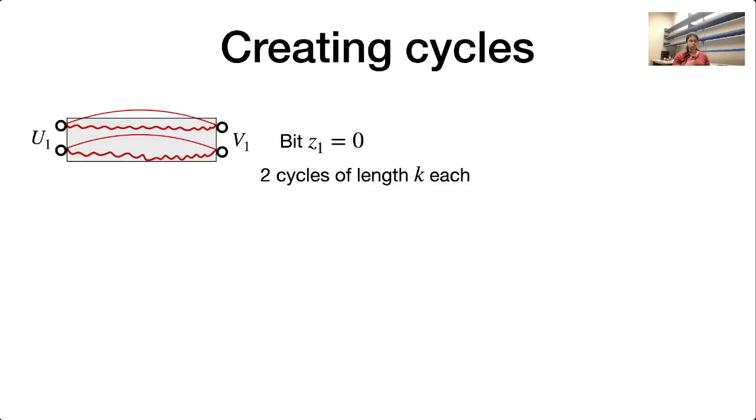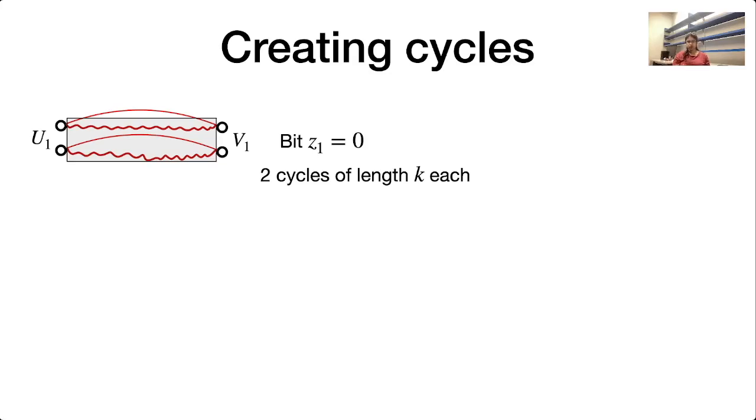First, let's see how you can create cycles. Let's look at one specific group, U1 and V1, where the gray area denotes the part which comes from the blocks. This encodes bit z1, and if this bit was 0, we're going to have direct path connections between these corresponding vertices.